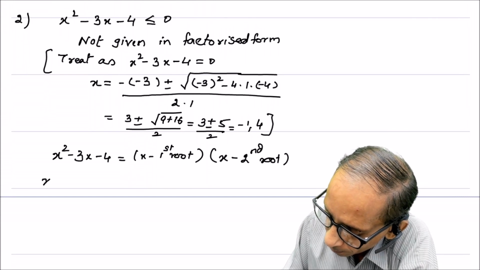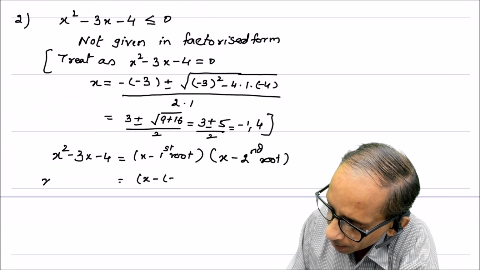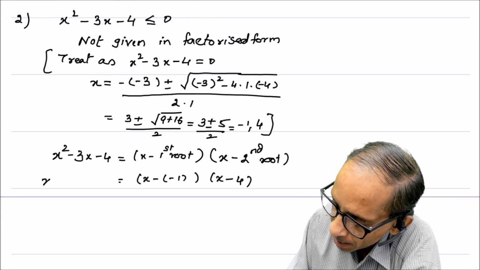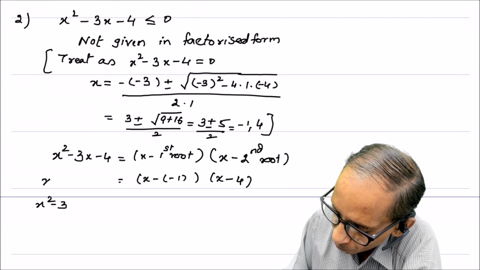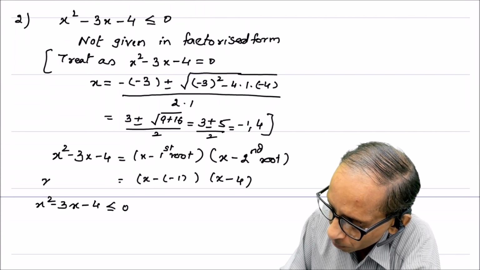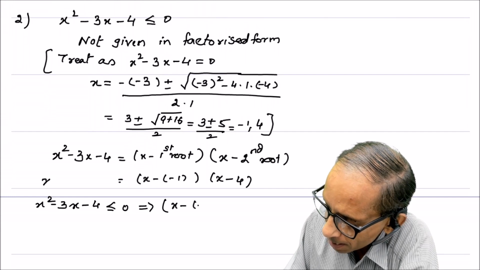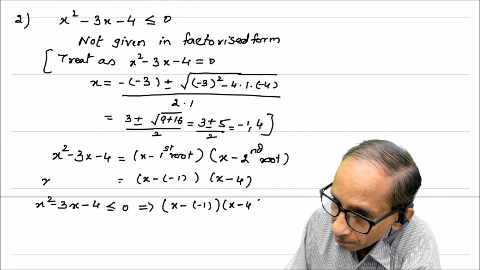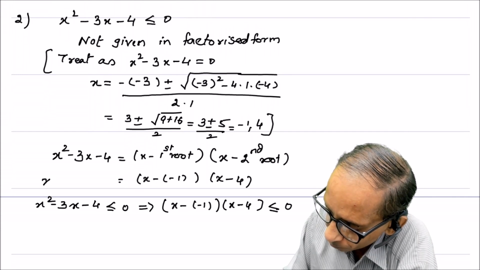So this actually becomes x minus minus 1 into x minus 4. So x square minus 3x minus 4 less than or equal to 0 means x minus minus 1 into x minus 4 is less than or equal to 0.